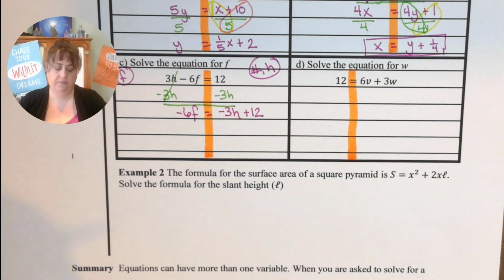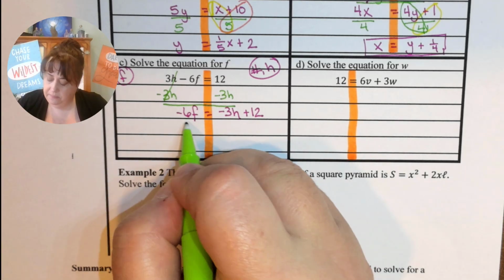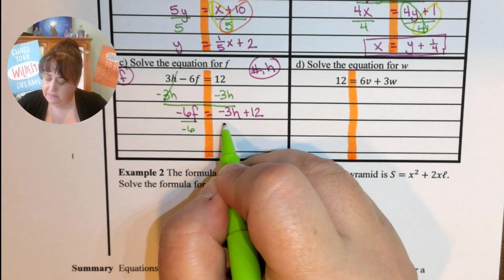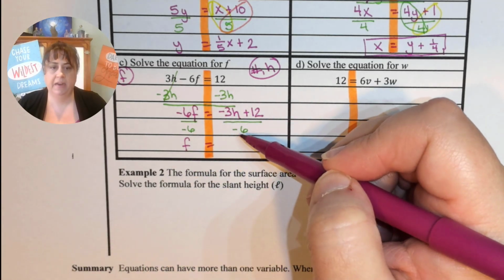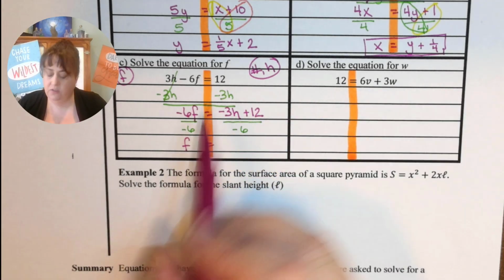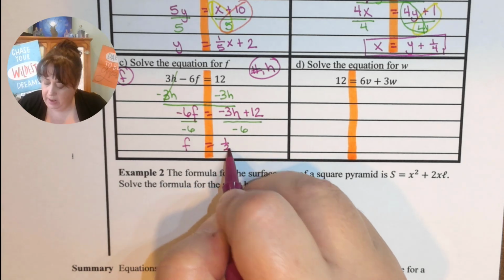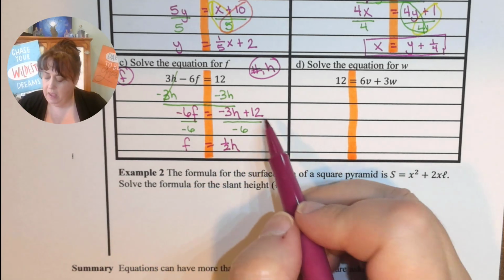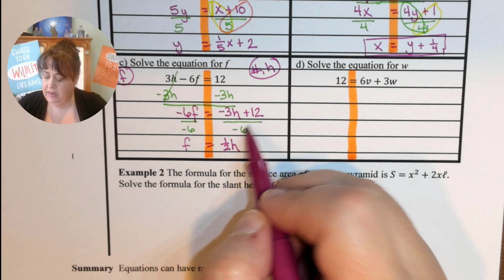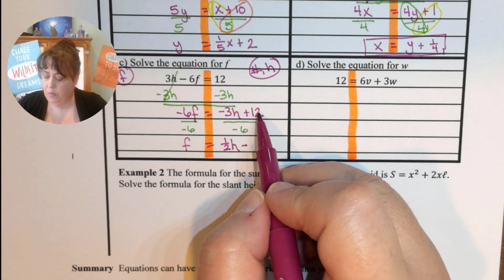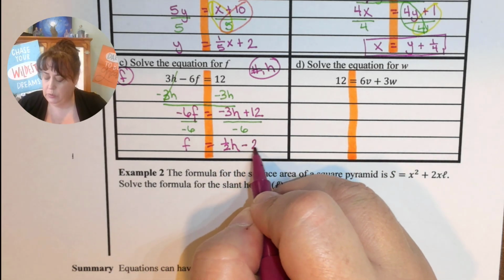Negative 6 times f, so you are going to divide by negative 6. So f equals, now, negative 3 divided by negative 6. I have more on the bottom, so this is going to be a positive 1/2. 12 divided by negative 6, positive and negative, so that's going to be negative. 12 divided by 6 is 2.